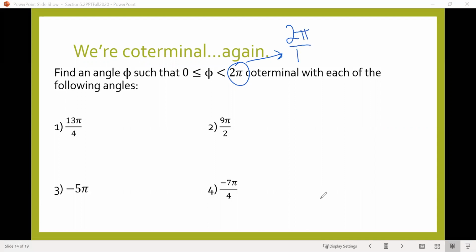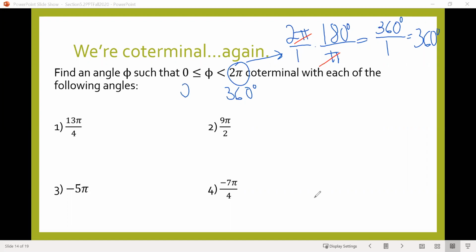So 2 pi over 1 times 180 degrees over pi. Notice the pi's will cancel. We have 2 times 180 degrees on the top, which will give us 360 degrees, all divided by 1, which is 360 degrees.